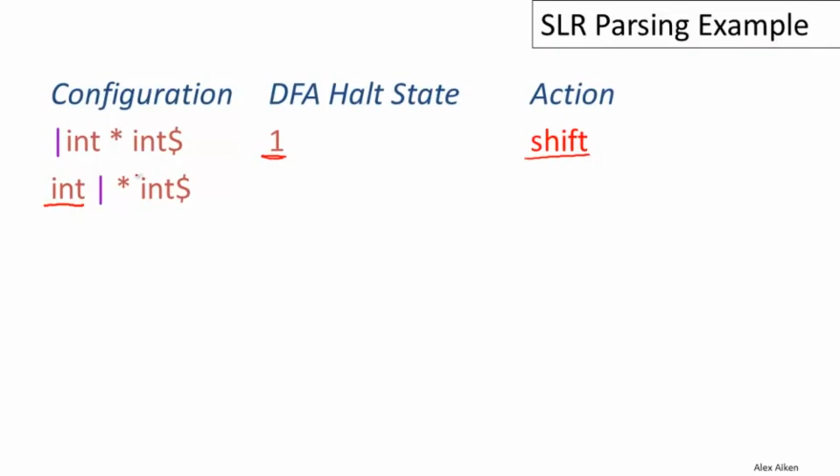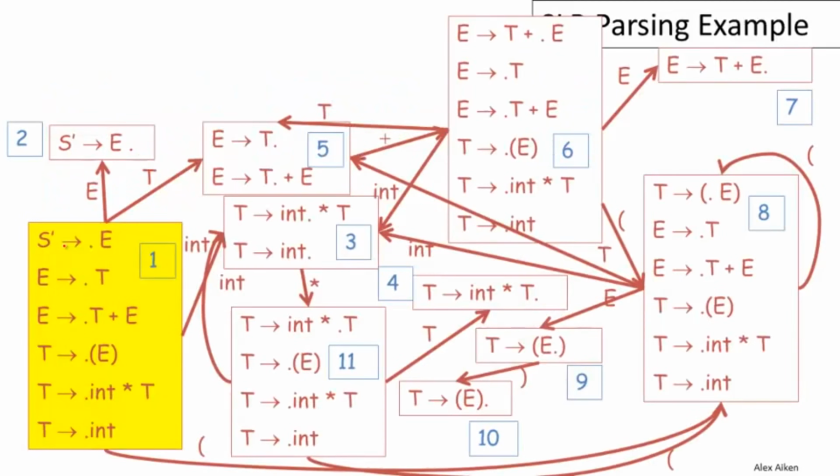There's an int on the stack, and we have a times coming up in the input. So what happens in that situation? Well, again, the automaton is going to read the stack. So starting from the bottom of the stack, we're in the start state, and then we read an int. There's an int on the stack, and we wind up in this state. And what does this state tell us we can do?